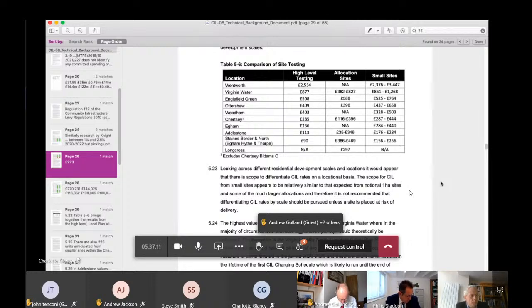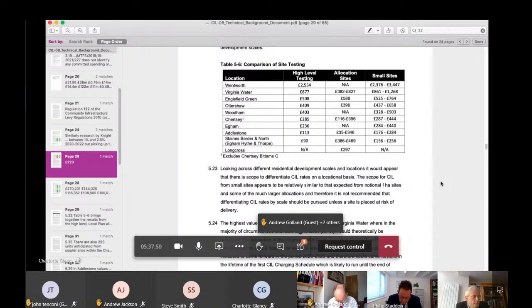Zone D, where the charge would be £110. Which of the local plan sites are in zone D? Okay, so in zone D, that covers the Addleston and Woodham Newhall area. As I said, there's no allocations in the Woodham and Newhall area for residential, but in Addleston you have the Addleston West allocation. And is it parcel B? Yes, and you have Vet Labs parcel B as well.